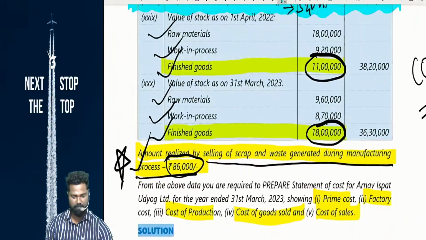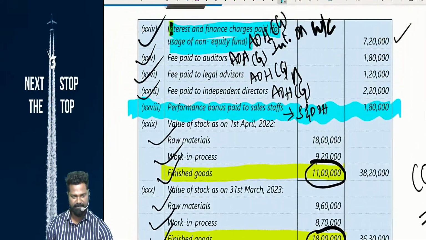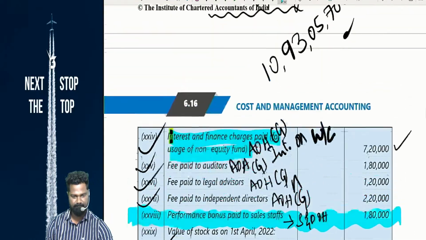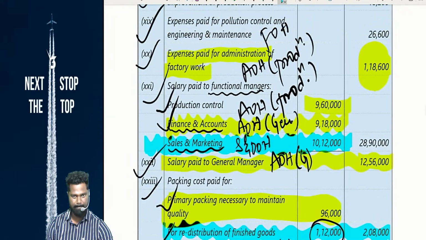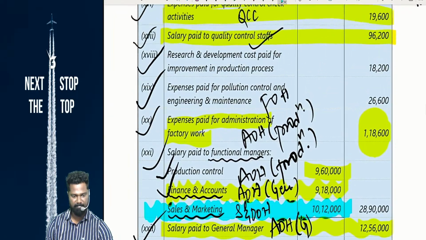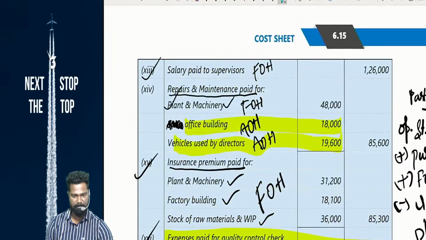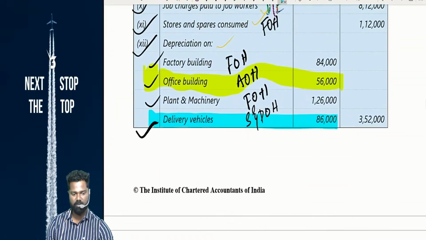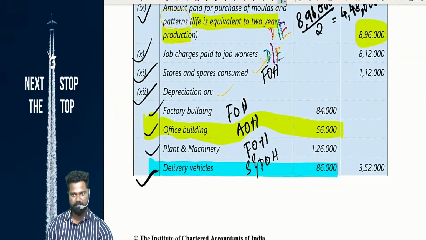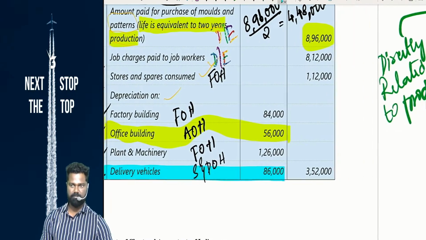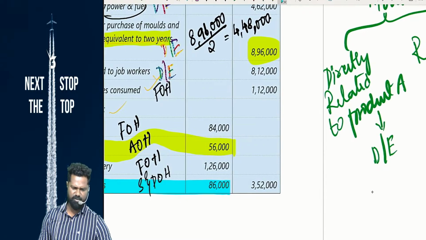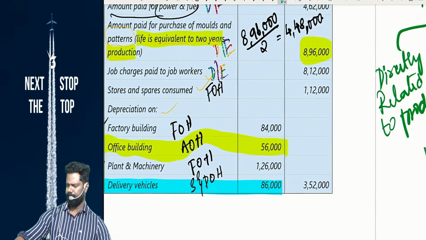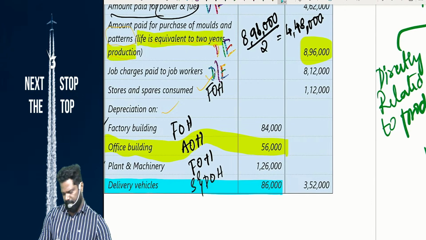Okay, that's it, right? Tell me the total cost. What is the selling and distribution total? How much is that? 13 lakh 90,000.